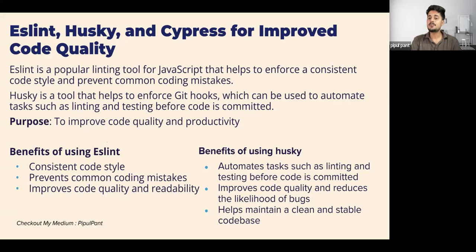Those kinds of issues can be caught before pushing to the branch, right? That way the peer-to-peer code review is also reduced, and reviewers can focus more on the functionality aspect rather than checking the code quality. So proper use of ESLint, Husky, and Prettier in our Cypress framework can make sure our code quality is top notch, and at the same time uniform across the test specs.